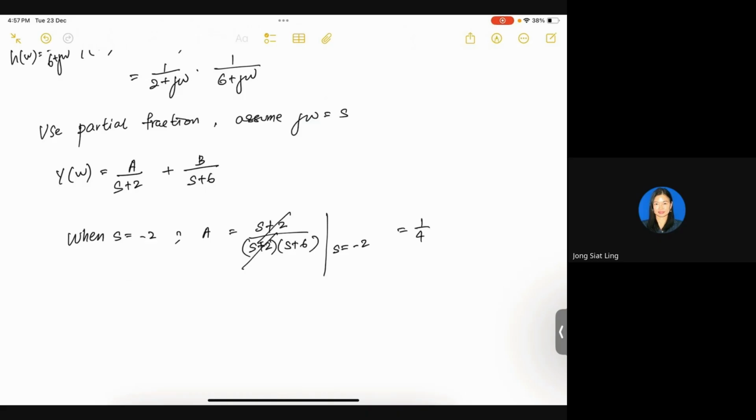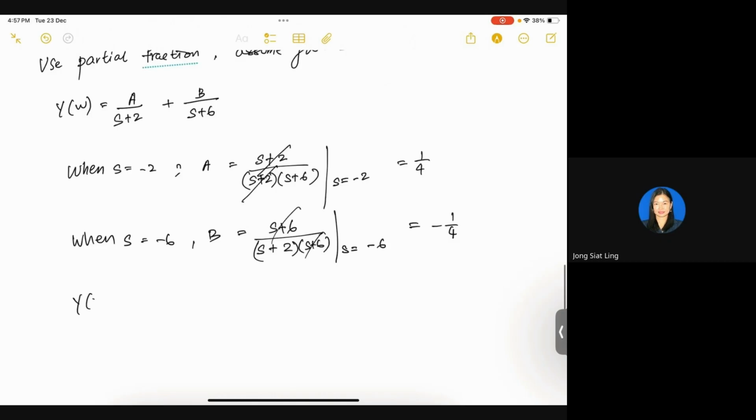Then when s equals negative 6, we can find B. B is (s plus 6) multiplied by 1 over (s plus 2)(s plus 6). Here we get negative 6 plus 2, which is negative 4. So B is negative 1 over 4.